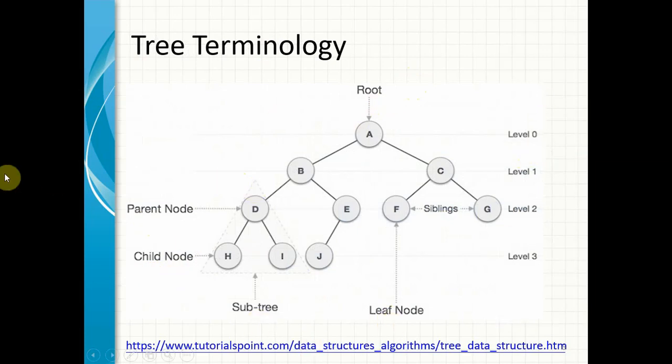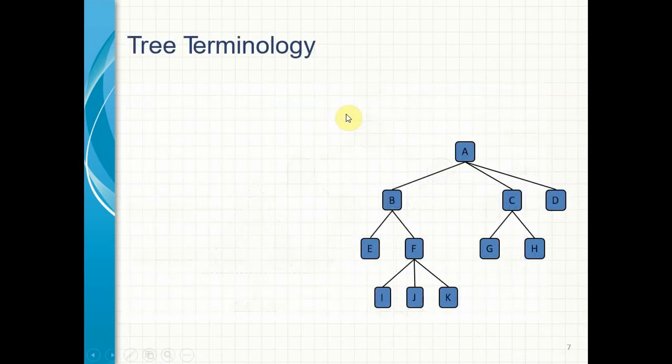So in this diagram, you have a brief understanding. As you can imagine, the tree will start with the root. Let me tell you the meaning of it by using this tree graph.